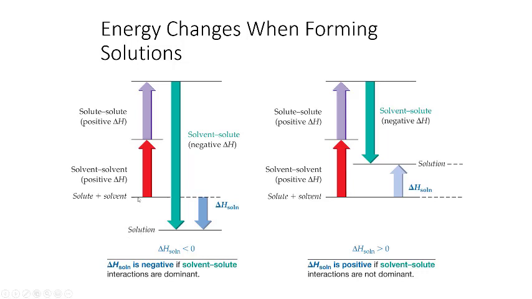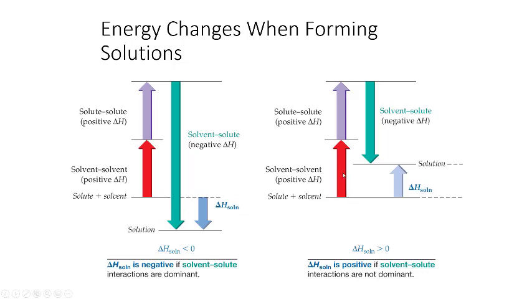If the summation of the energy associated with keeping the solvent together and keeping the solute together is smaller than the energy released upon the formation of the solvent-solute combination, then you're going to end up having a solution dissolve. So the net energy is released.